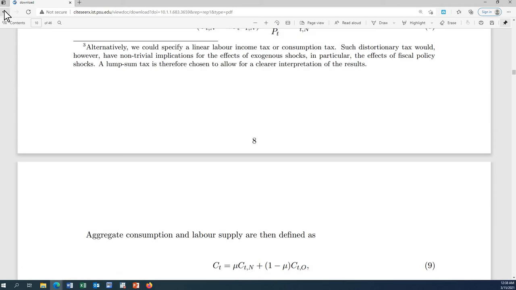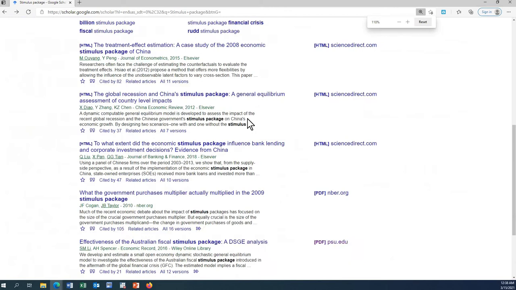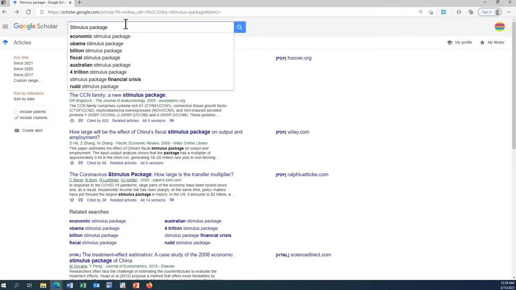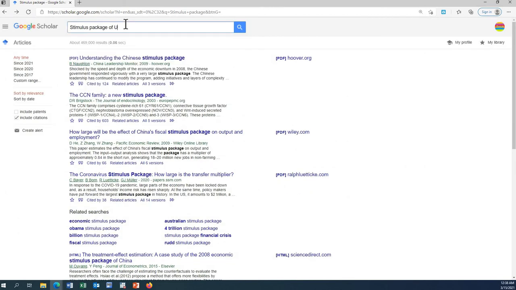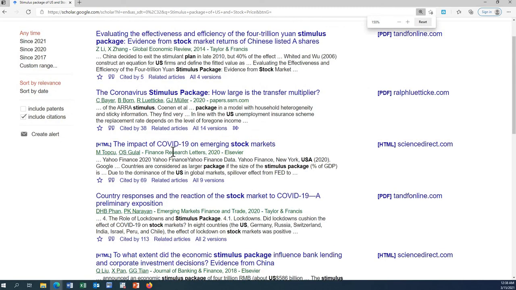This is actually a model paper, and let me see stimulus package of US and stock price. Let me see if there is anything. The impact of COVID-19 on emerging markets. Let's see what we can find from here.